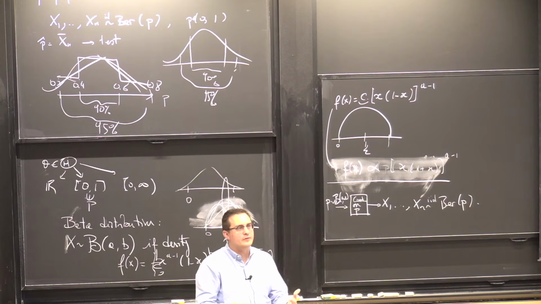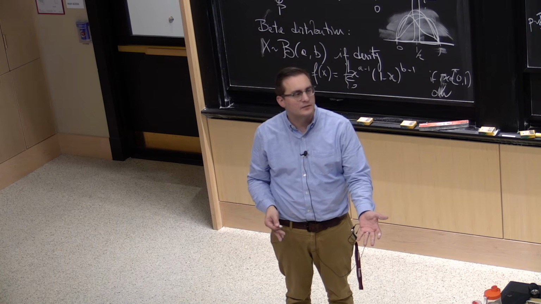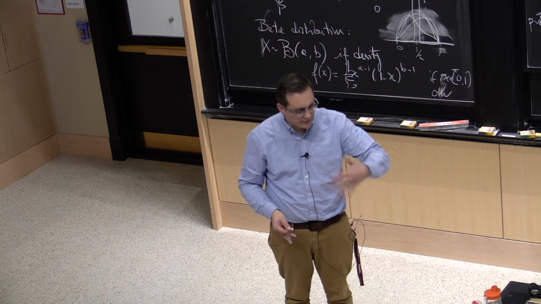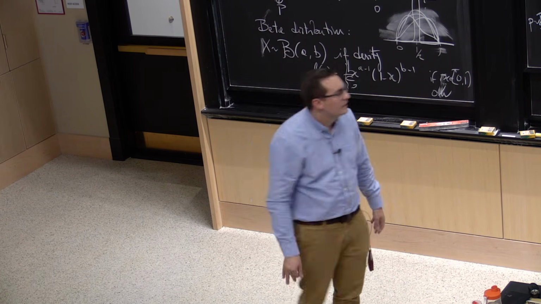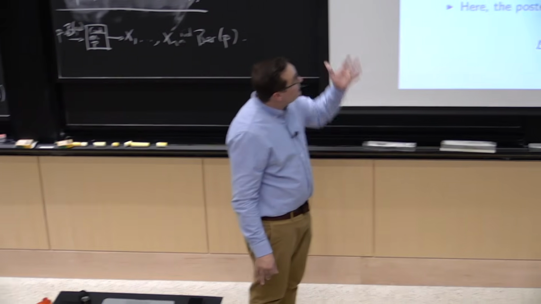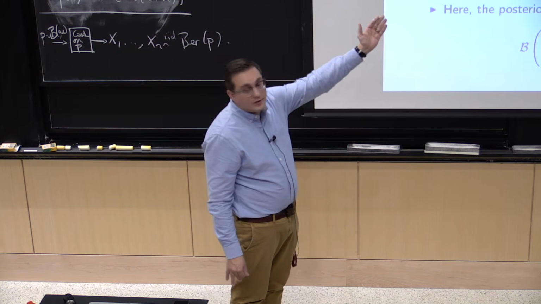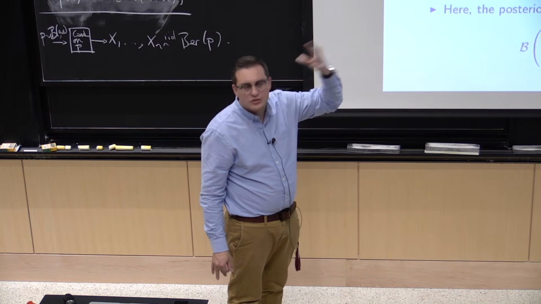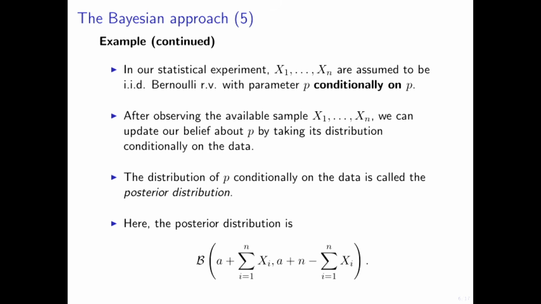Everybody understand the process of generating this data? You first draw a parameter, and then you just flip these biased coins, independent, with this particular p. So there's this layered thing. So now, conditionally on p, I have this prior about p. This is just a thought process again. It's not anything that actually happens in practice. This is my way of thinking about how the data was generated.